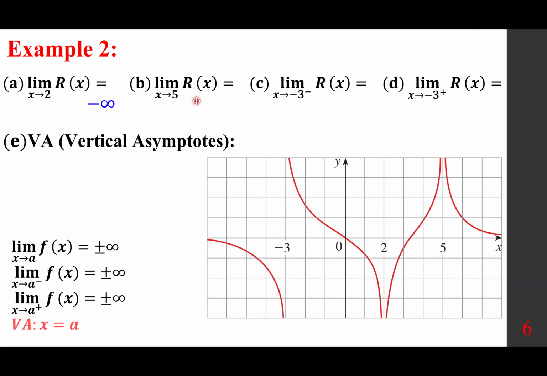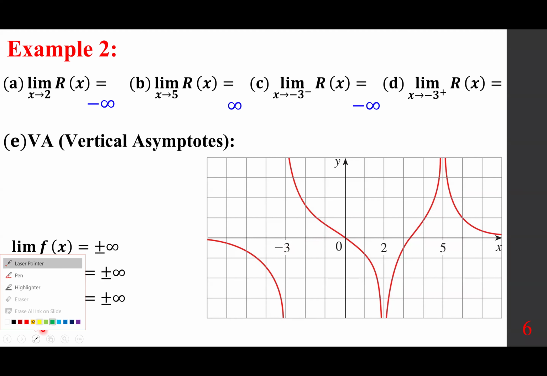But this one, 5, it's coming up from both sides to infinity. Now, negative 3. From the left, it's going down to negative infinity. I want to make sure we understand this path is the left side, so it's taking us down.